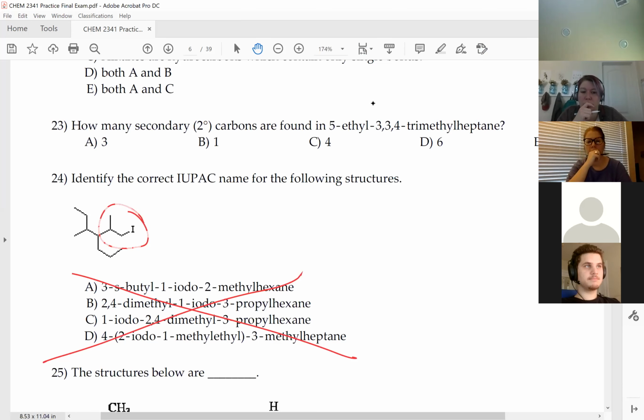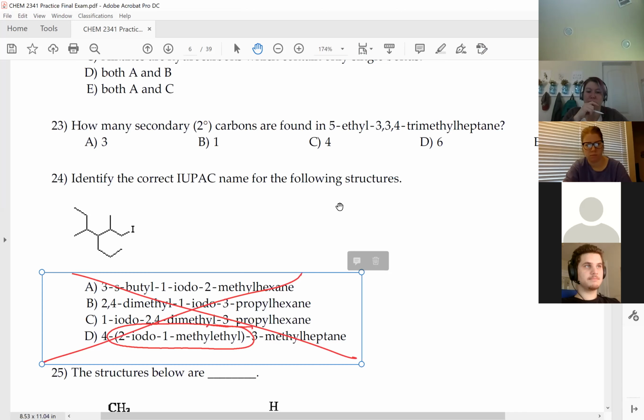Oh, that's tricky. Let's see if they only have one heptane name. Oh, I wouldn't do that to you guys. Let's skip this one because I wouldn't give you a complex substituent name. We'll move past this one. Sorry, go ahead and ignore this guy.